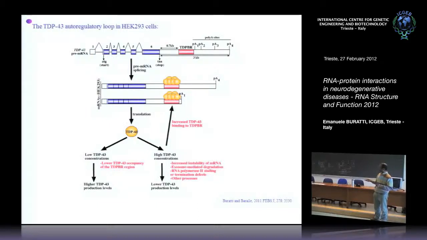So if for whatever reason the levels of TDP-43 in the cells drop below a critical threshold, then there will be less available to bind this regulatory region, and you will have the production of more stable and better translated TDP-43 mRNA isoforms, and automatically the cellular concentrations will increase.